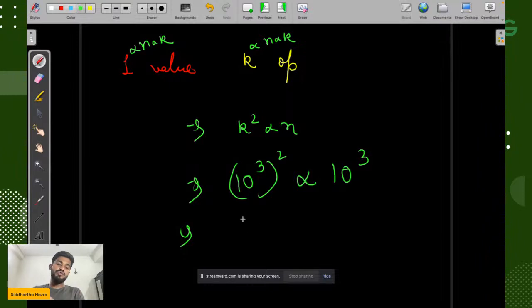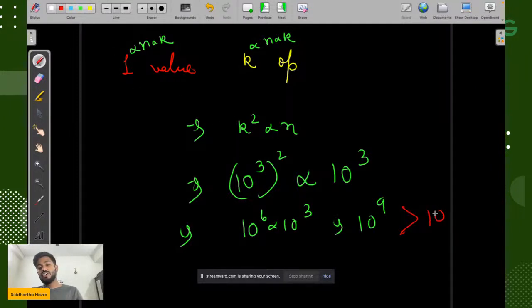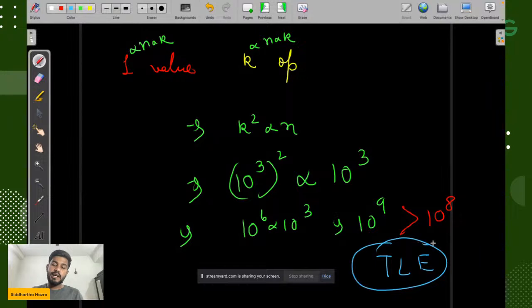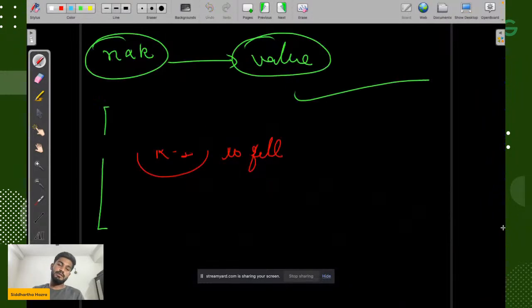Bases are the same, powers get added. 10 to the power 6 multiplied by 10 to the power 3 is 10 to the power 9, and it is greater than 10 to the power 8. So we would definitely get a time limit exceeded error. The solution is correct, but it is not optimized.